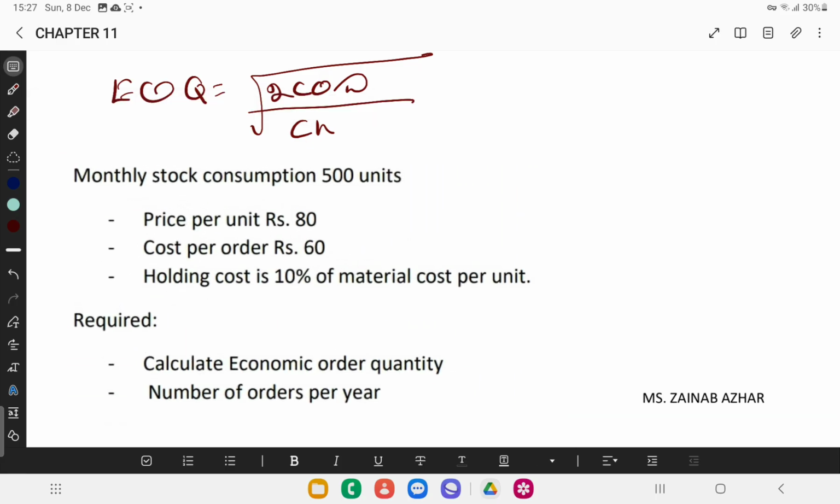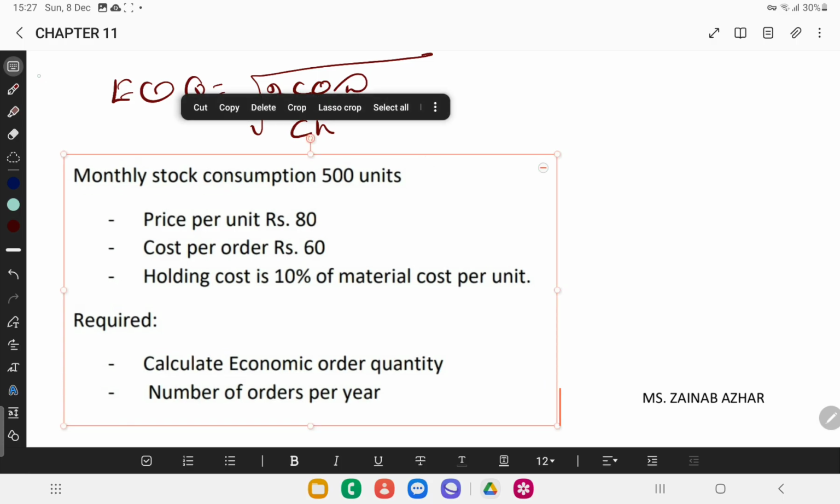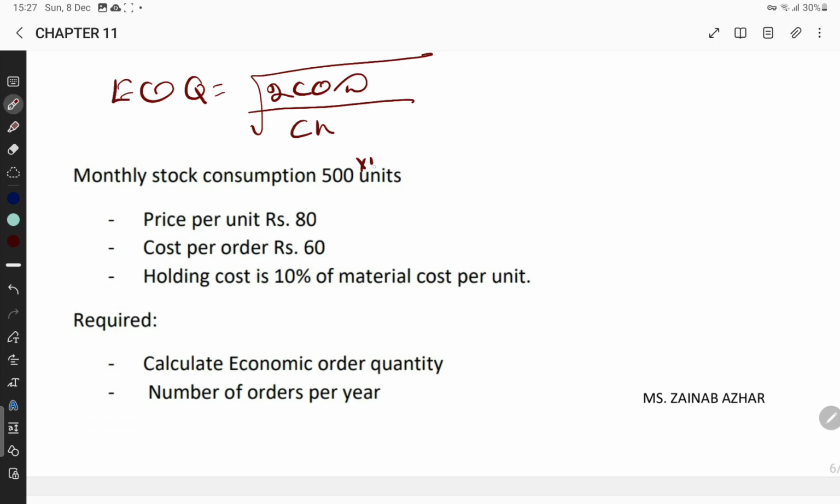Okay, so now this is monthly consumption. D means your annual consumption. So 500 into 12, you will have to multiply to get the annual consumption. So that is 6,000. So now you're going to just put 2 into cost per order is 60 into annual demand is 6,000 divided by holding cost.